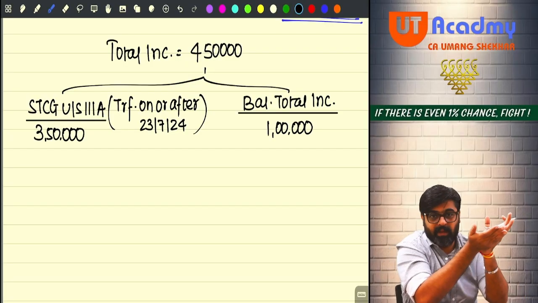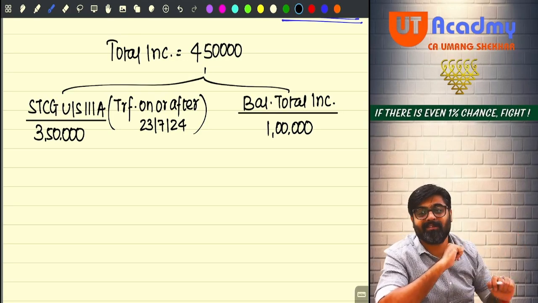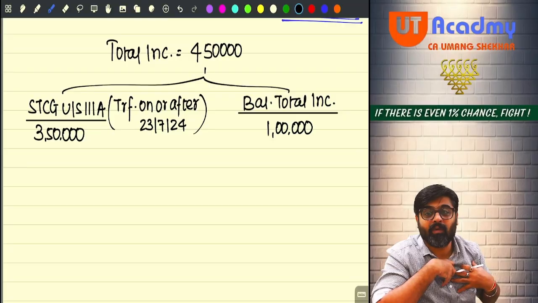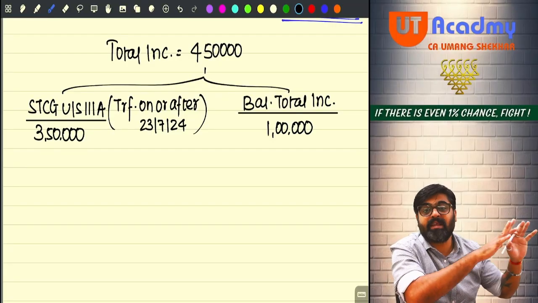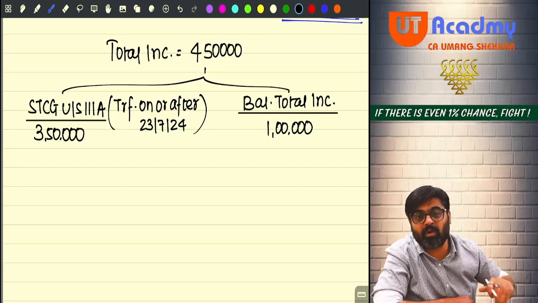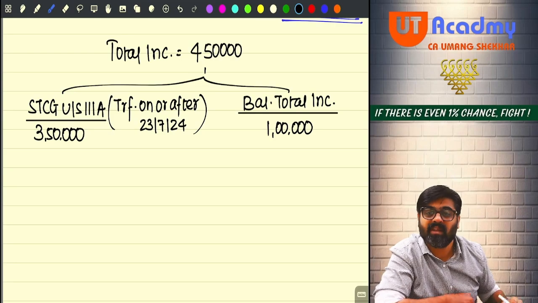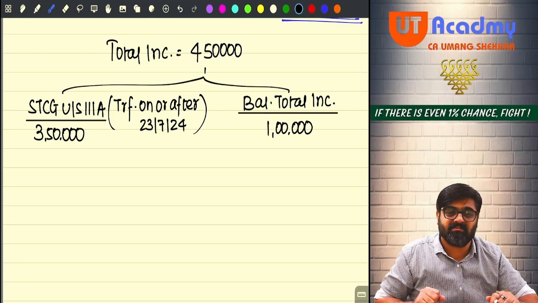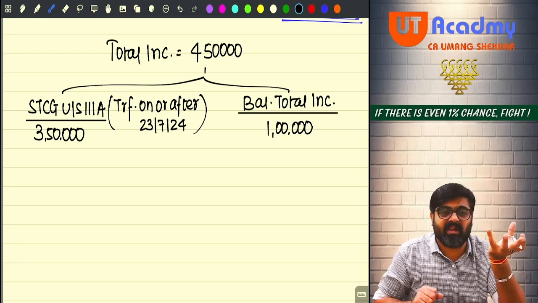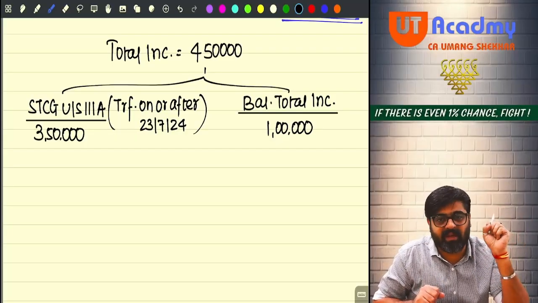Out of 2,50,000, which you are not taxing, I have earned only 1 lakh rupees. So I still have 1,50,000 basic exemption limit remaining. If I would have earned 1,50,000 more, still I would not have paid tax on that. Yes or no? But balance total income is only 1 lakh. I still have 1,50,000 basic exemption limit remaining unexhausted.